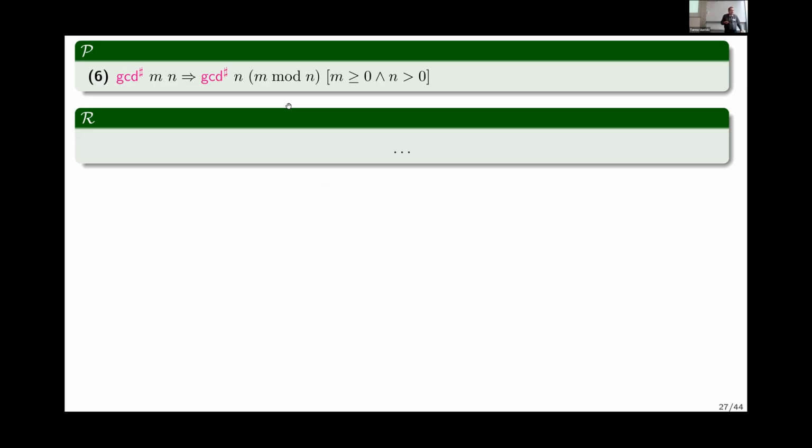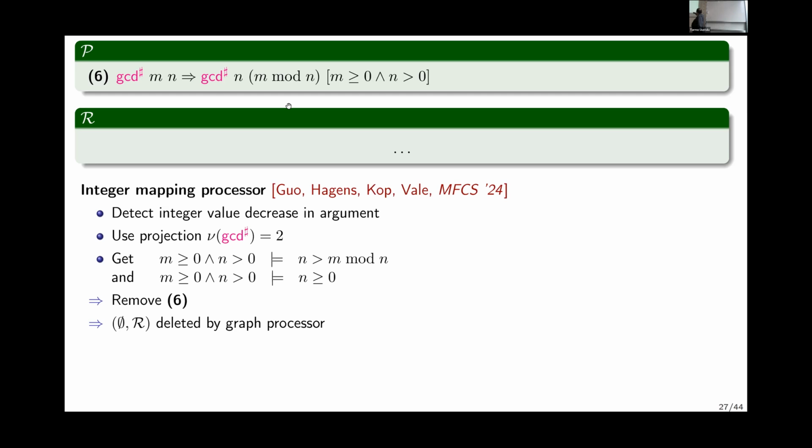The next dependency pair that we might analyze is this GCD dependency pair, where what changes is the last argument of the call. N is replaced by M modulo N if certain constraints hold. And we can now use SMT solver style reasoning.